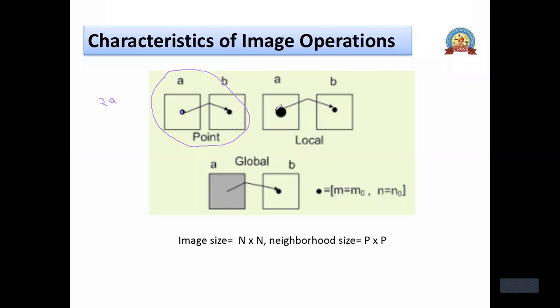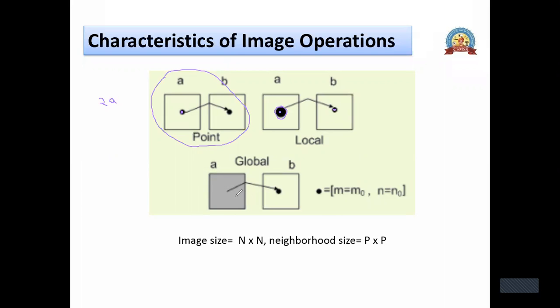Whereas in local operation, you take the neighboring pixels of the pixel whose value you want to change, perform the operation, and replace that pixel with the new value. This can be adding a neighboring value, or subtracting a neighboring value, or something like that. And global is where you take the complete image with all the pixels, and you perform something on that, like a Fourier transform.